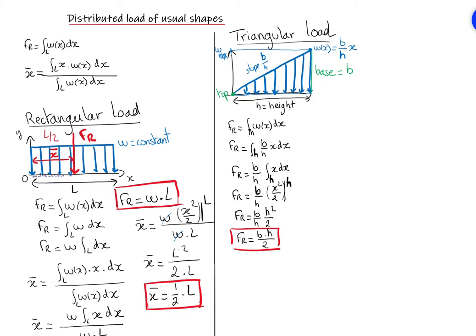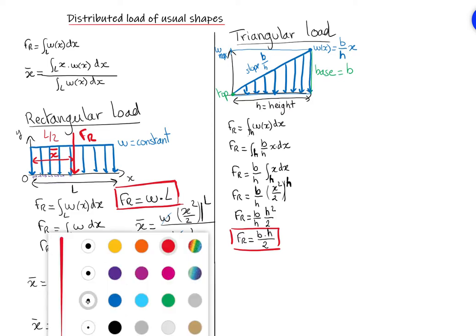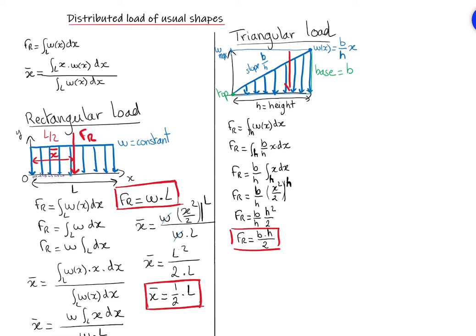Now, the question is, where is FR? We can feel that it's more to the right than to the left, because there is more load to the right than to the left per unit, because the load per unit increases slowly. So we will use the exact same formula as we did in the previous sections.